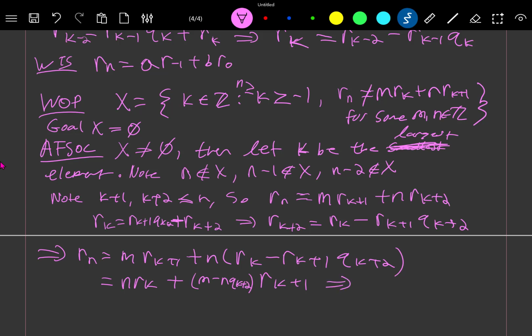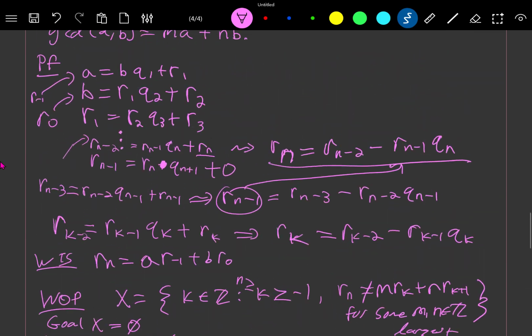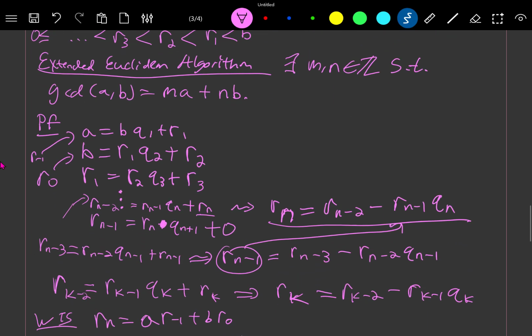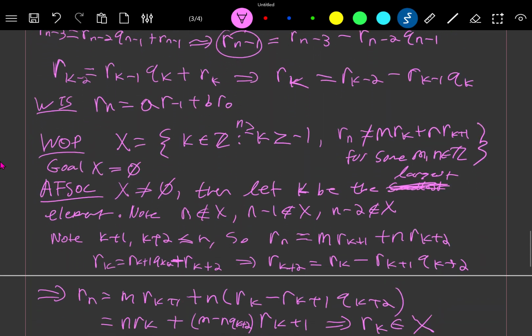But this implies that k is in X, contradicting it being the largest element. And so we conclude that this set is empty, and the GCD of a and b can be written as an integral combination of a and b.